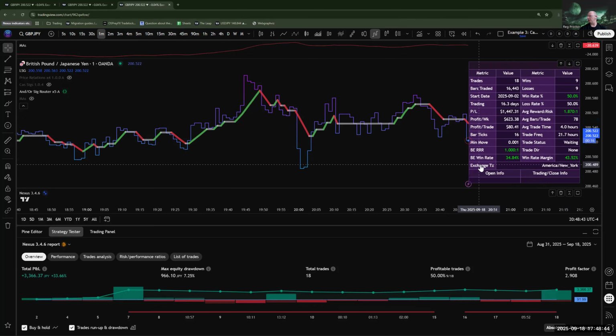Exchange time zone, I guess that makes sense. Whatever asset you've got going on up here, that's the time zone of that asset, however it's coming into TradingView. Number of trades, most of this I think is very obvious. Bars traded, just so you know, will normally be around 20,000, in the sense that that's how many TradingView makes available. So if you see an appreciably smaller number, like this 16,000 we have here, that's probably because it didn't start trading for quite a few bars.